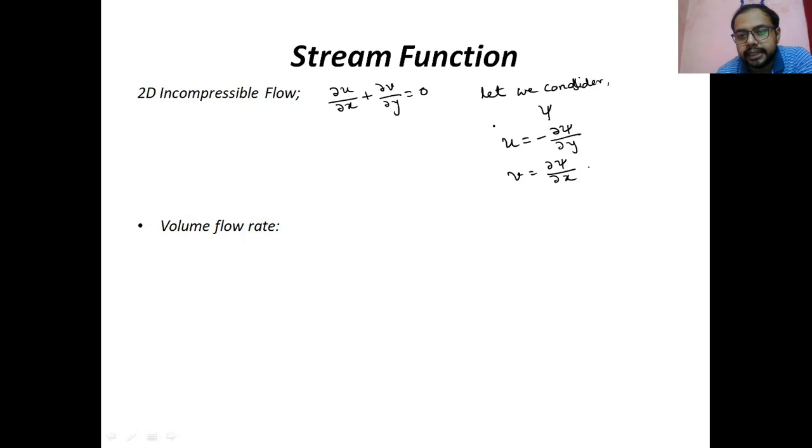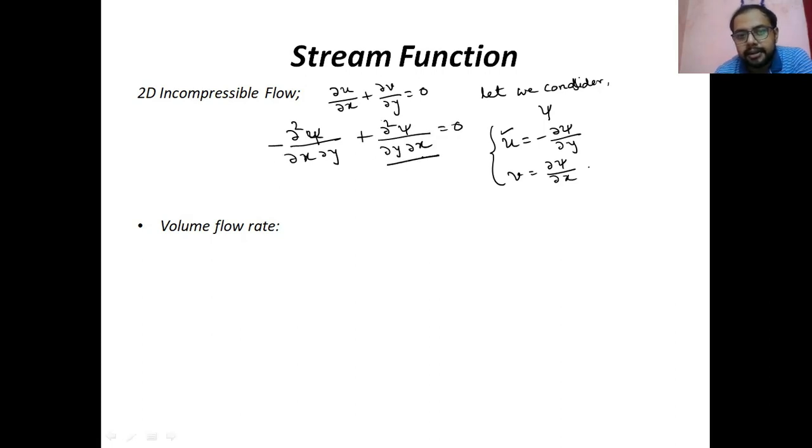If you put u and v in this equation, it becomes del square psi/del x del y plus, sorry, minus del square psi/del y del x is equal to 0.